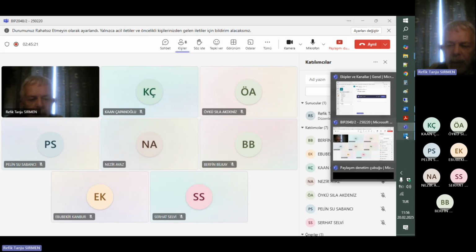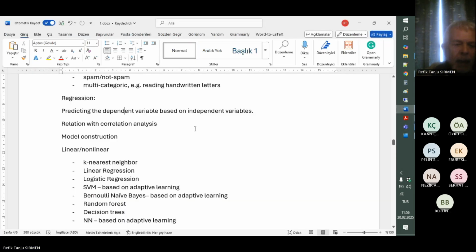Great. Okay, let's continue then. Therefore, guys, I again highlight the relation between the correlation analysis and regression analysis. They are highly related.